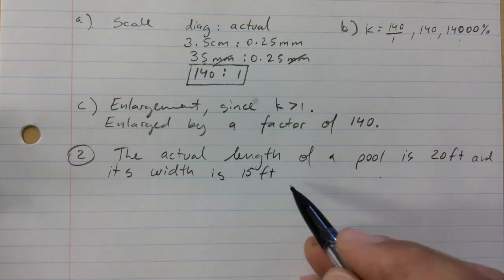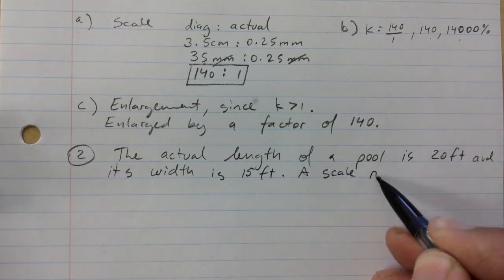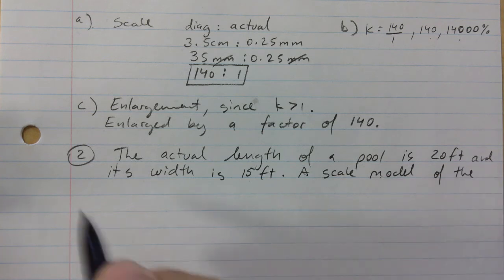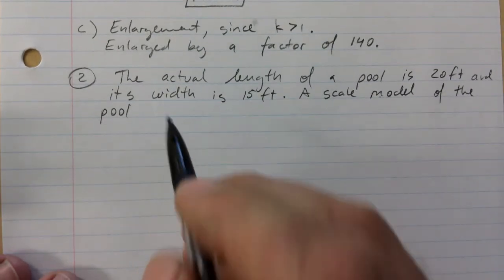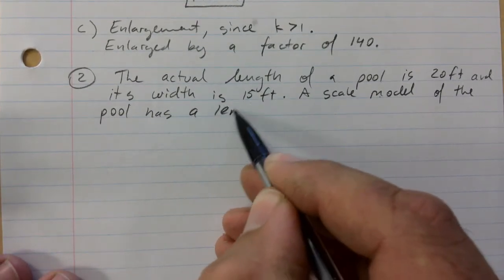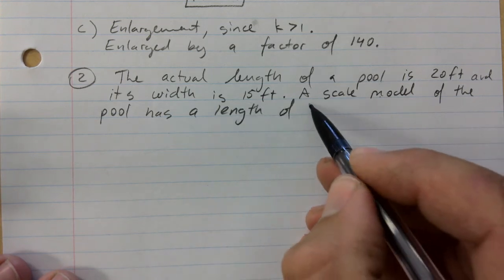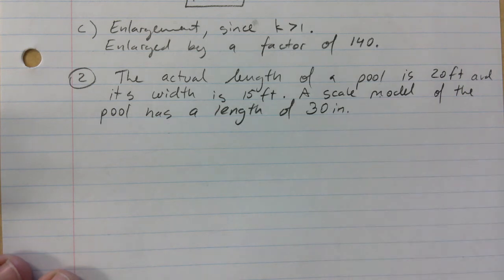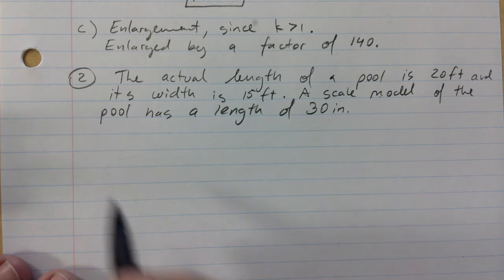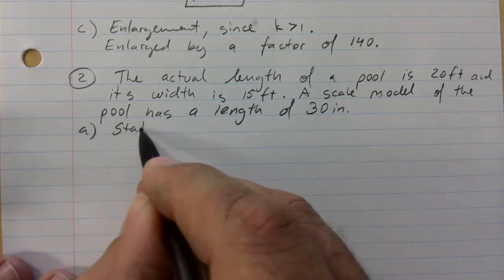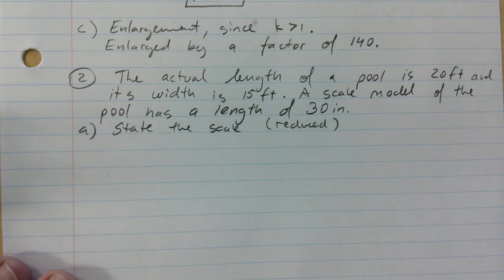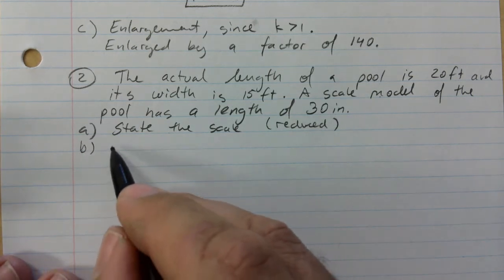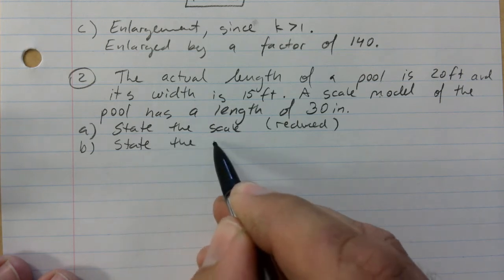A scale model of the pool has a length of 30 inches. A, state the scale. It has to be reduced. B, state the scale factor.